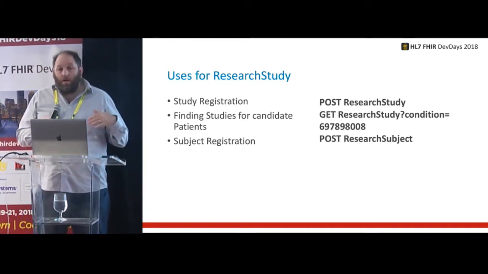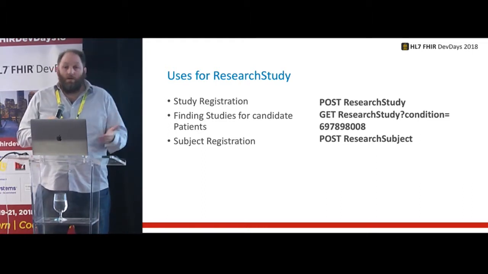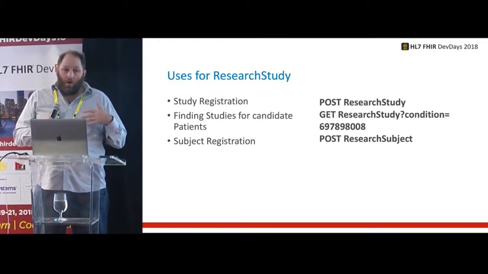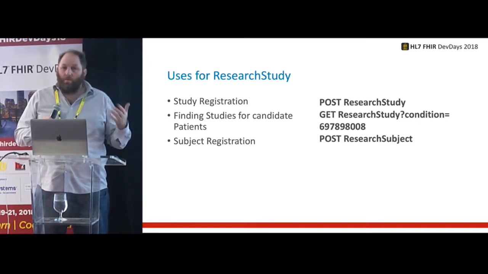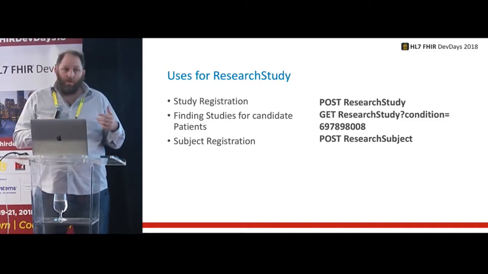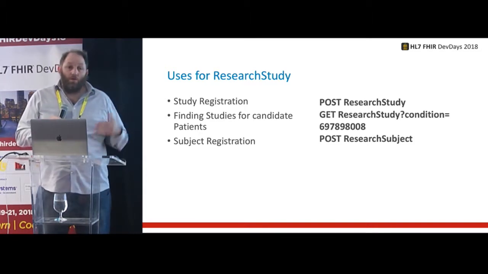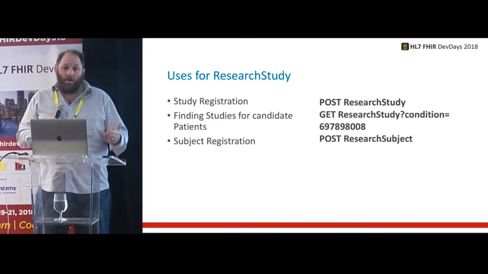The other thing you can do is allow people to find studies based on attributes. This is where it becomes quite interesting for CDS hooks and the subscription resources, where, say you find someone who's been newly diagnosed with a particular condition, you want to know if there are clinical studies out there.